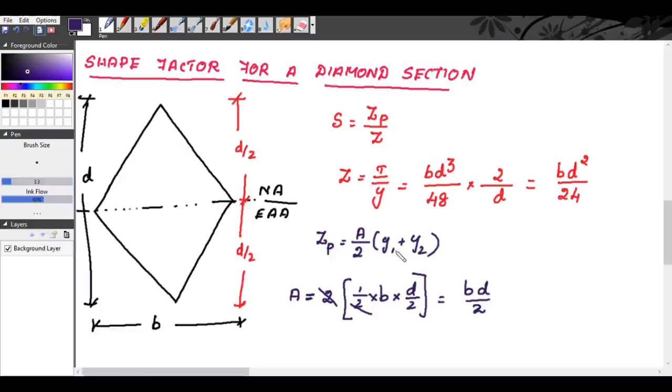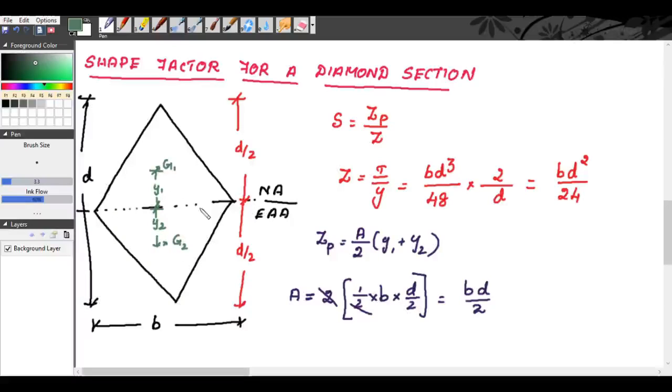Now we will calculate what is Y1 and Y2. So what is Y1? Y1 is nothing but the center of gravity of this portion. Let us take this as G1 and this point is G2. So Y1 is the distance from the equal area axis to G1, and Y2 is the distance from the equal area axis to G2.